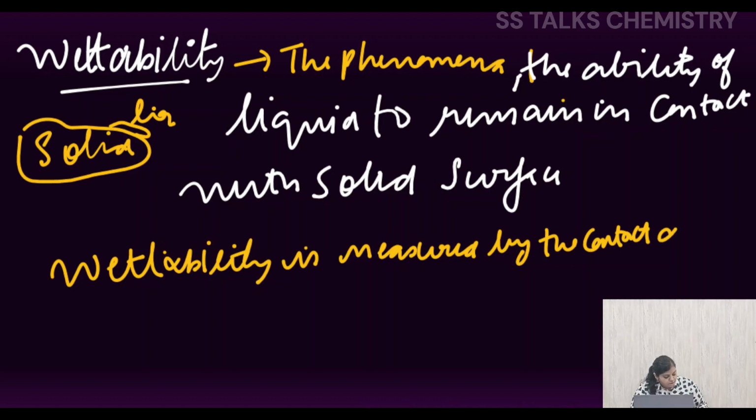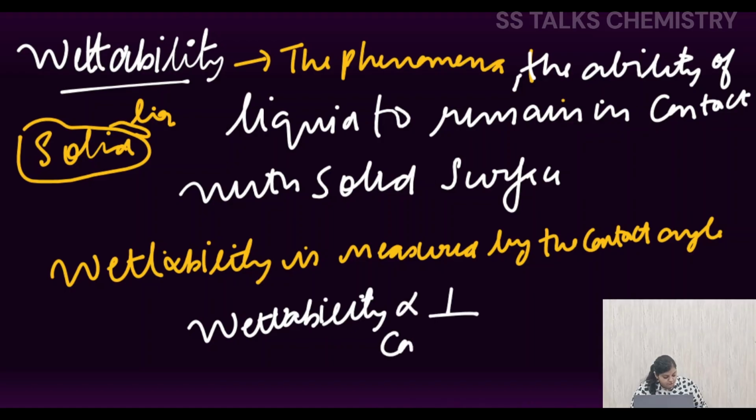So now a new term you are encountering, the contact angle. First is the relationship of the wettability with the contact angle. Both of these are inversely proportional to one another. Your wettability is inversely proportional to the contact angle.